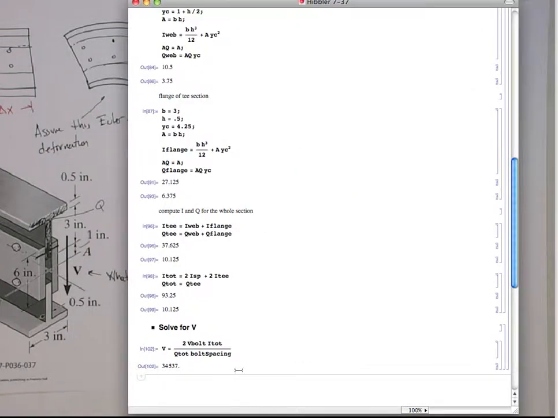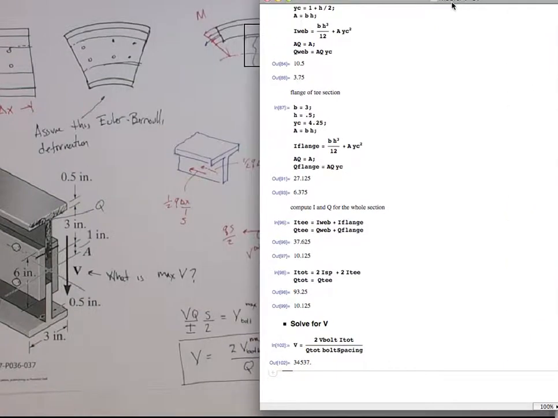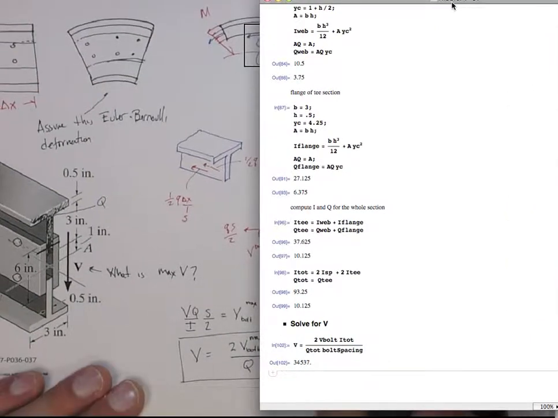So now that's the answer. The answer is going to be the max force that you can hold here is 35,000 pounds, 35 kips, okay?